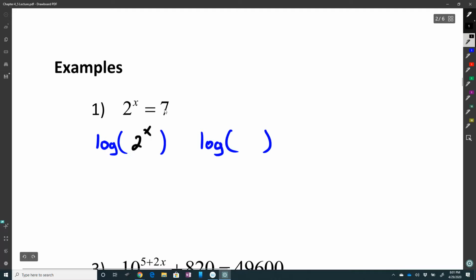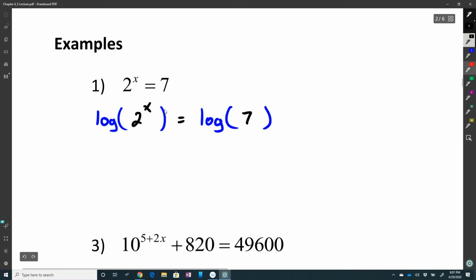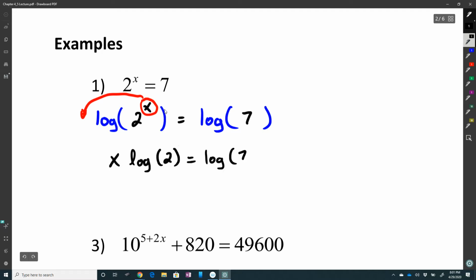I have 2 to the x equals 7, so that's a legal move. Now, because of the power rule, I know that x can come to the front. So x log of 2 equals log of 7. And then I divide both sides by log of 2.